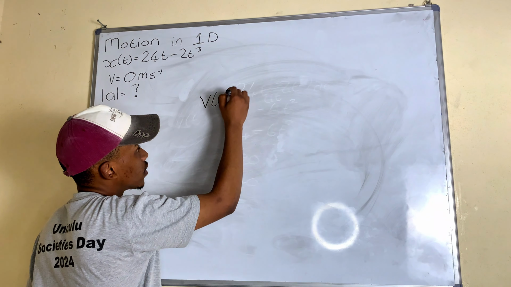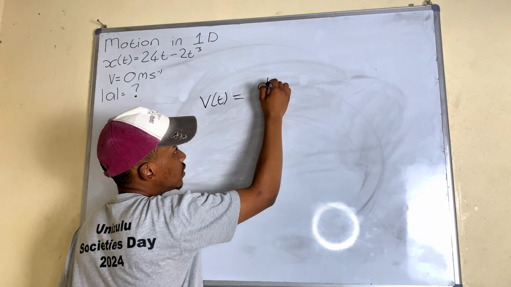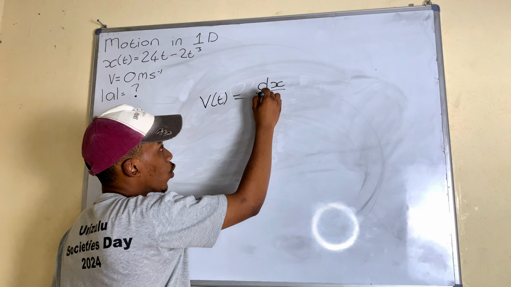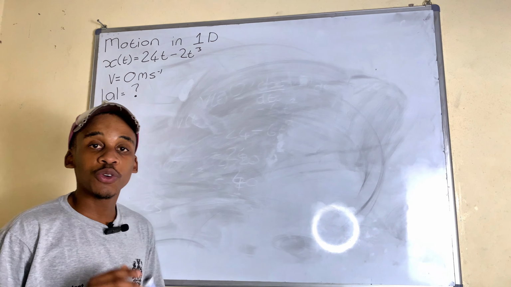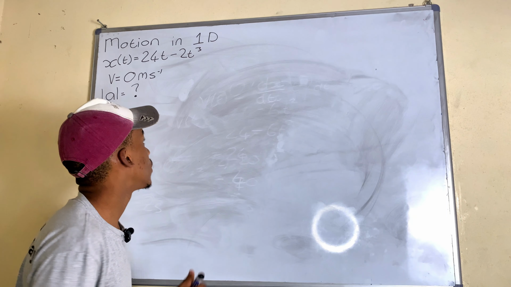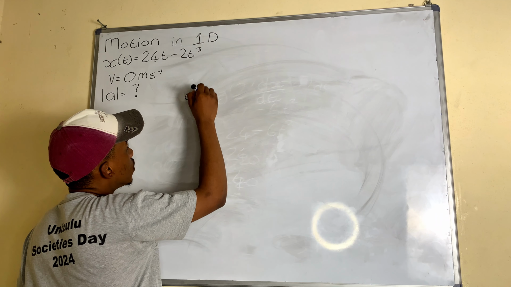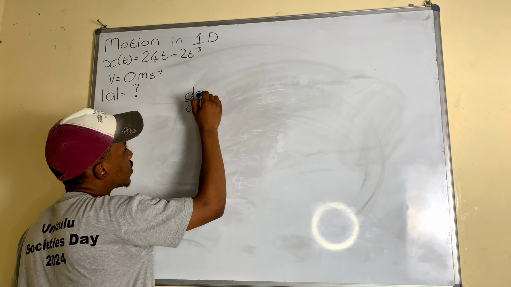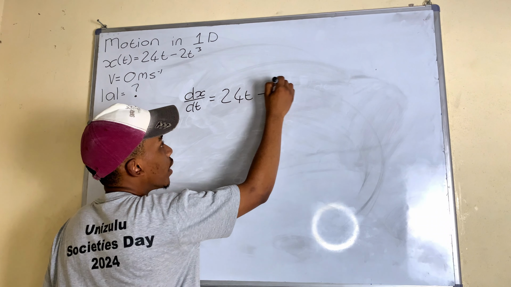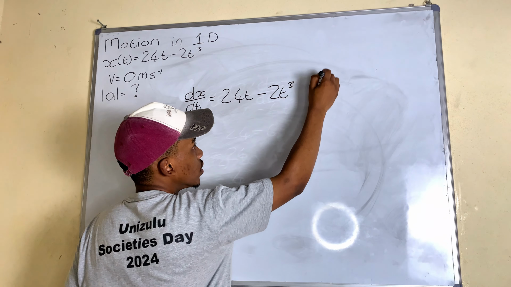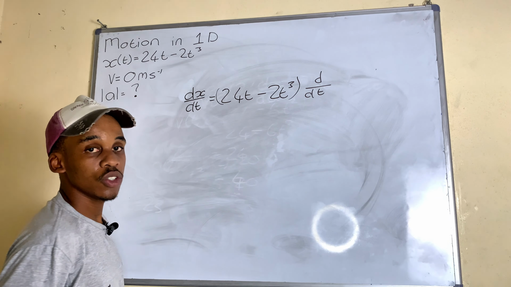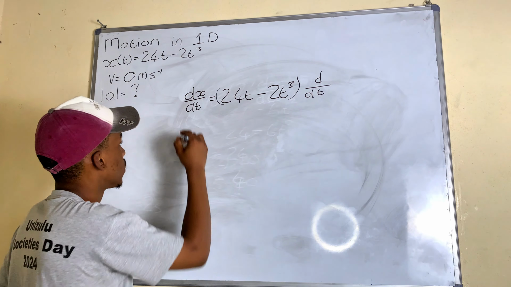To find the velocity, we'll first have to derive the position function, the derivative of 24t minus 2t cubed. We'll derive this function to get our velocity.